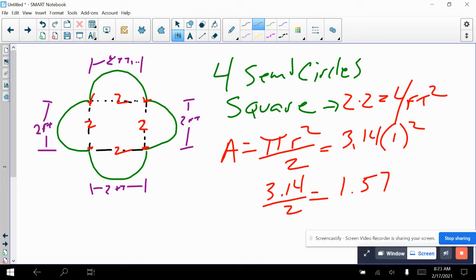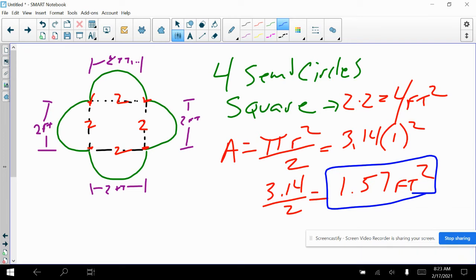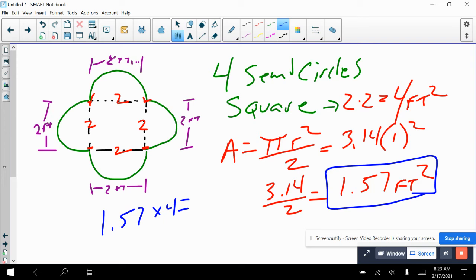Okay, now let's think about this. This is the measurement for how many semicircles? 1. Are they all the same? Yes. So what are you going to do to 1.57? Multiply it by 4, because you have 4 of them that are the same. Be smart about your calculations.